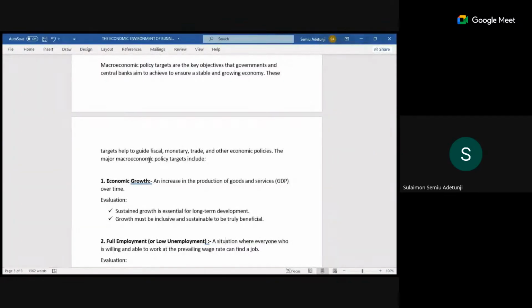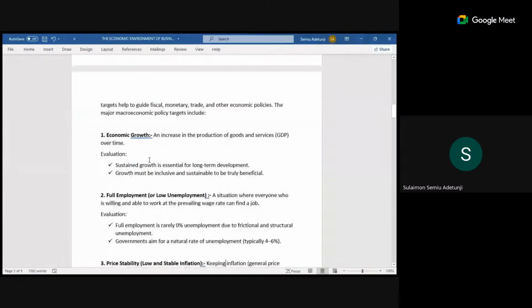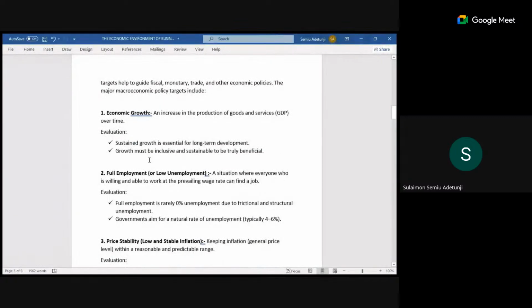Then full employment. Sincerely, full employment is a situation whereby every individual that has the capacity, that is able to work, is able to secure a job for himself, 100%. That means every single person that has the capacity to work is able to secure one.